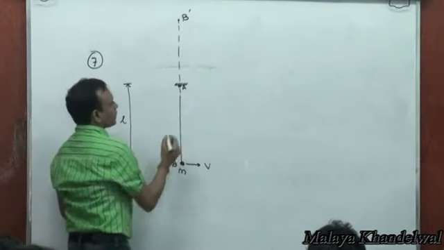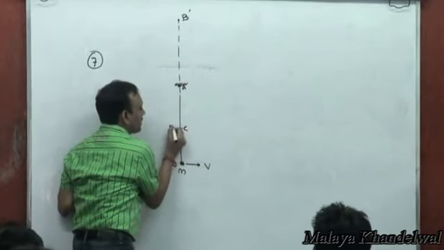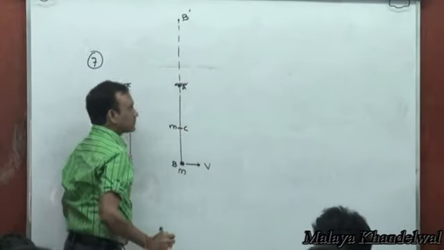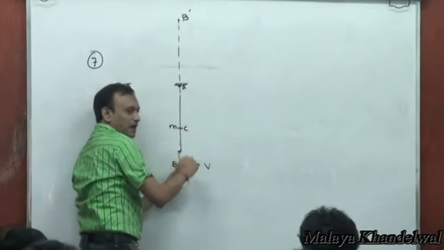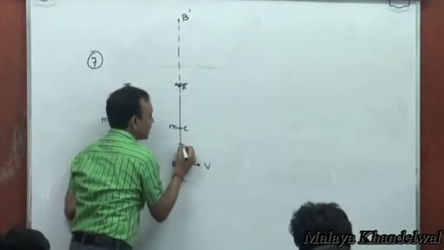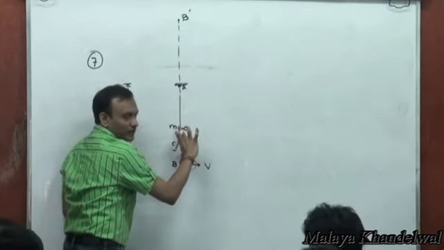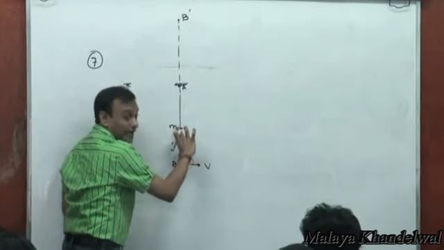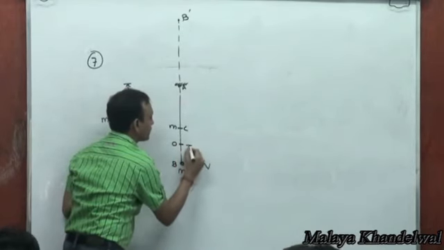Now, the rod could be replaced by a point mass m at its center. So the center of mass of the rod plus the particle, both of the same mass, would lie at O, which is halfway between C and B, but C and B is L by 2. So halfway between C and B is like L by 4.